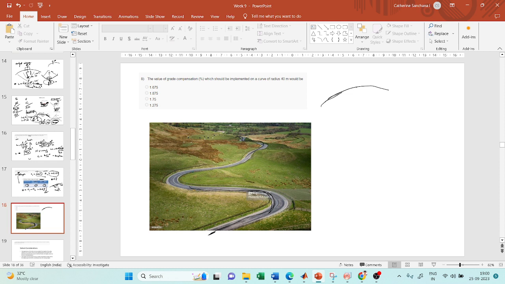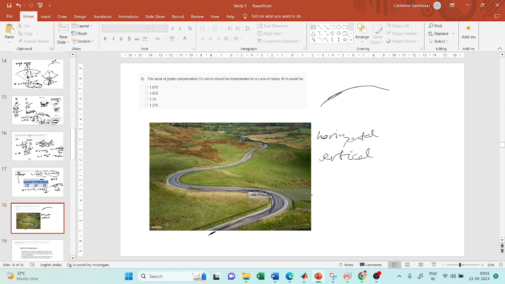So it is a combination of both horizontal and vertical curves. What is the issue with combining them? We would have experienced difficulty in traveling when both come together. So in order to eliminate that difficulty, they are asking you to compensate the grade, right?